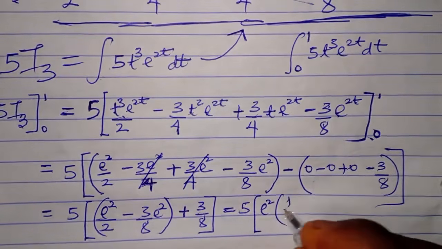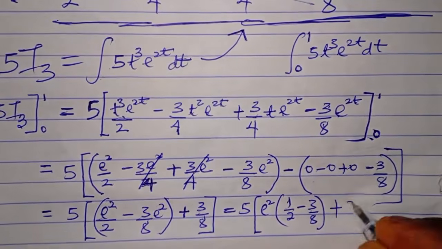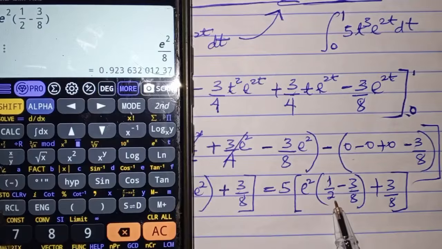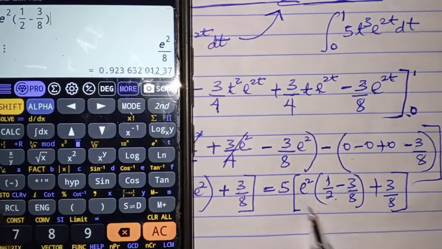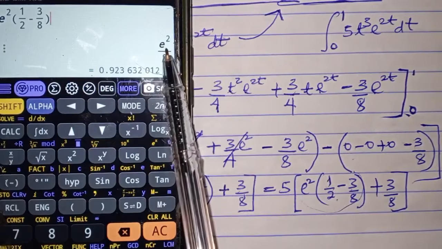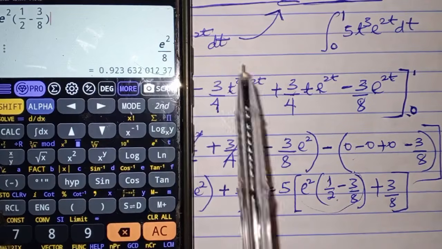So now remaining 1 over 2 minus 3 over 8, right? Plus 3 over 8. So everything you see here is actually e squared over 8, right? Okay, which is 0.923 and so on and so forth.